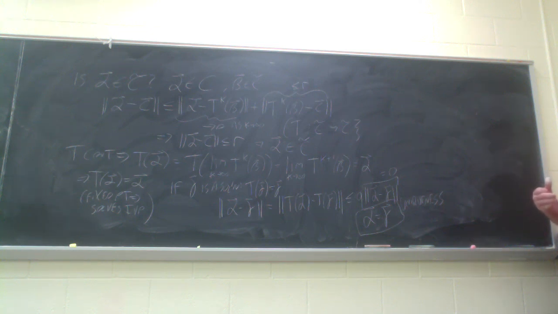We showed that T is a contraction. Those two together are enough to conclude, through some other manipulations, that T has a unique fixed point, alpha, and because it's a fixed point, it is a solution of the initial value problem, and because the fixed point is unique, the solution of the IVP exists and is unique.